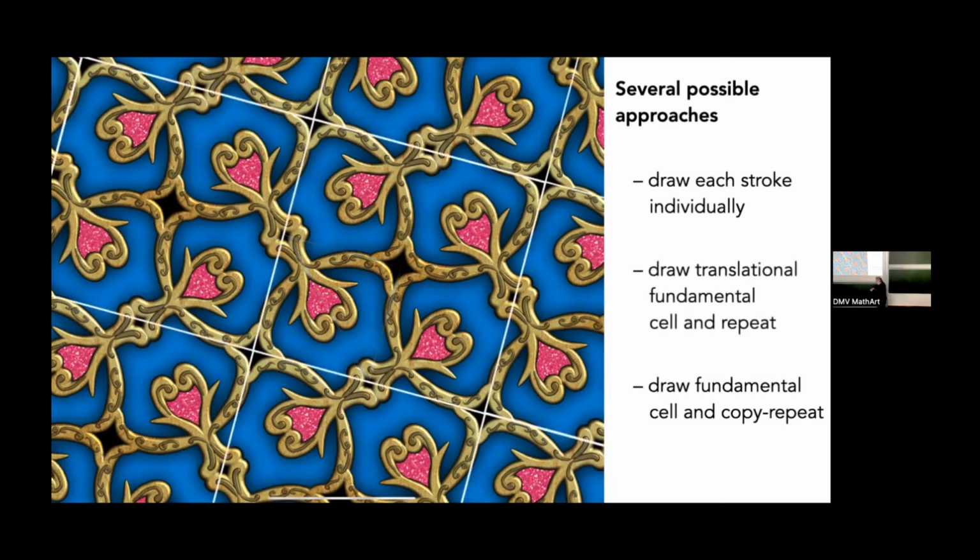I take something like a translational fundamental cell, the smallest region where you can generate your picture by translational copies. I generate that and then I copy over and over, which can be done pretty quickly on the graphics card.